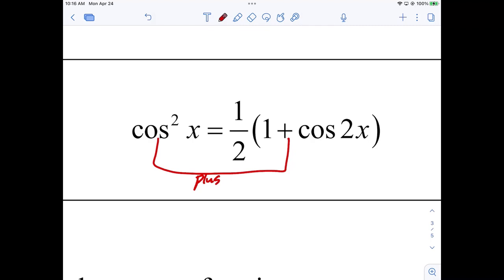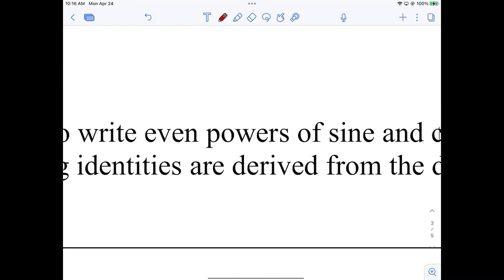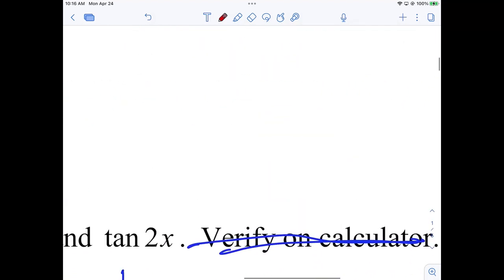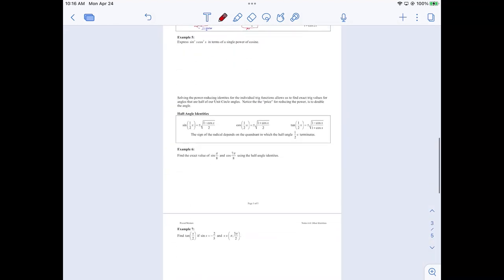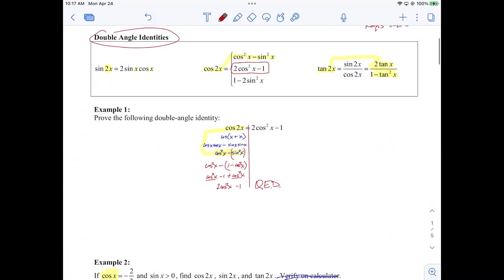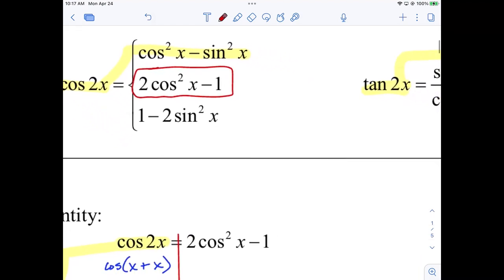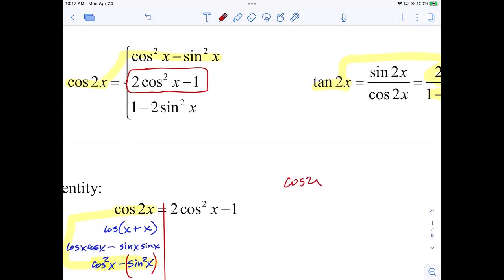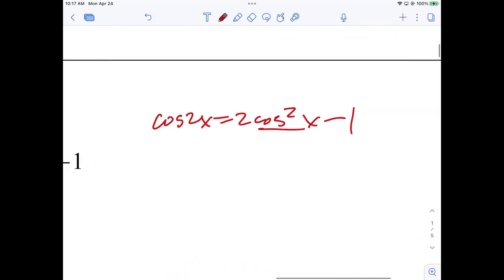Now guess where these guys come from? These come directly from the identities for cosine, the Pythagorean identities, the double angle identities for cosine. Watch, let me show you. If I take that identity right there, cosine of 2x equals 2 cosine squared of x minus 1, and I solve it for cosine squared, look what happens.